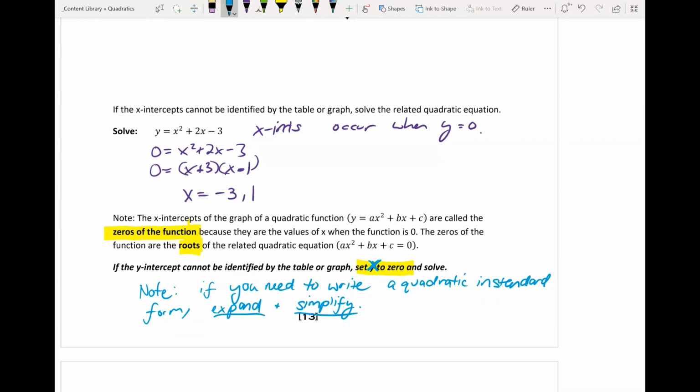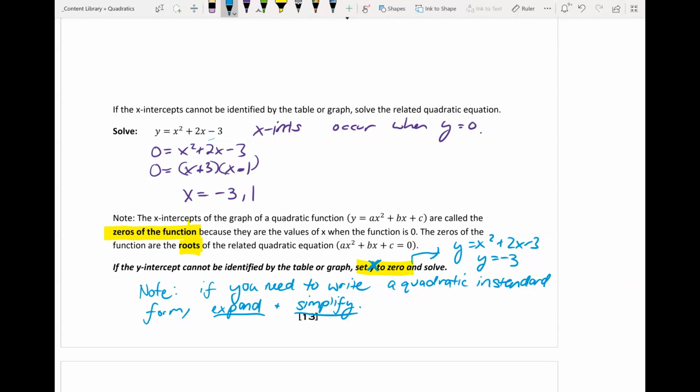So if you need to find the y-intercept, you're going to set x to 0. For example, for this previous question, you're going to set x to 0, so that's 0 squared plus 2 times 0, so that means your y-intercept is going to be -3. That's how you would solve for your y-intercept.